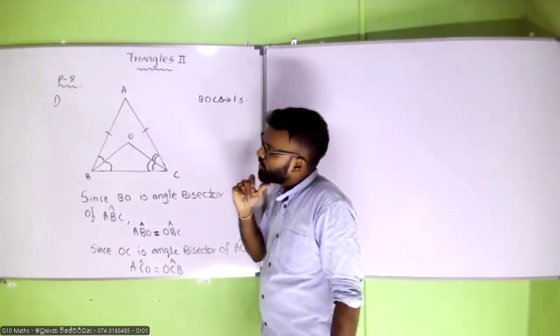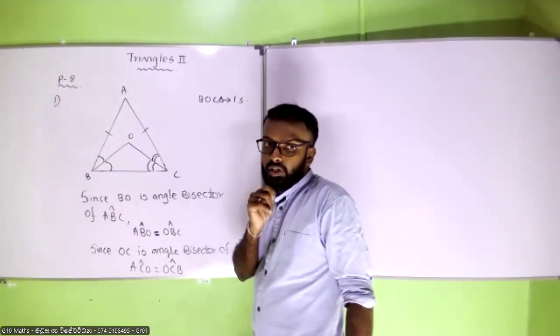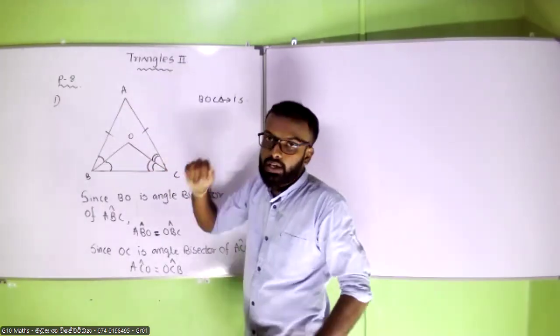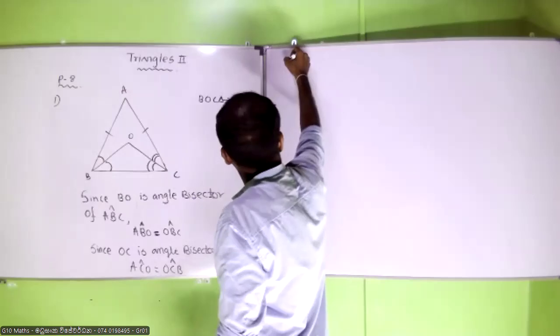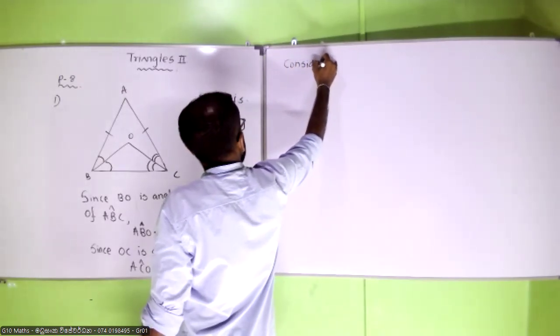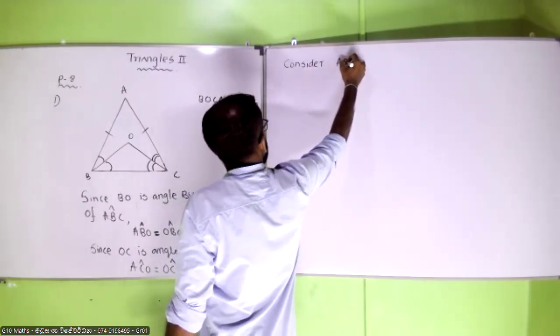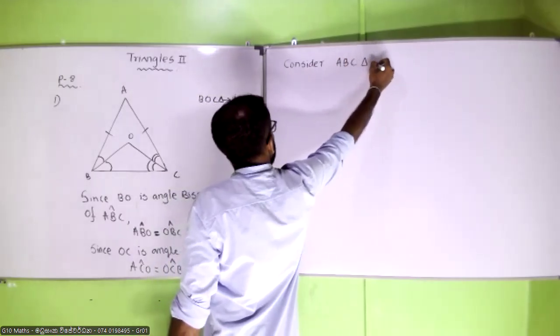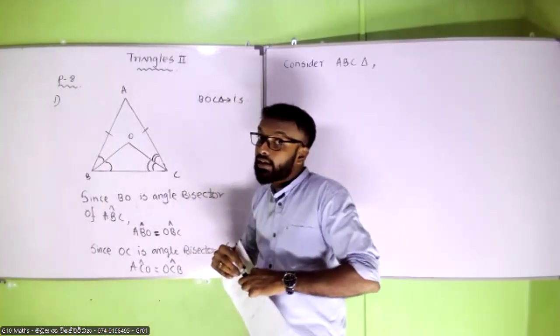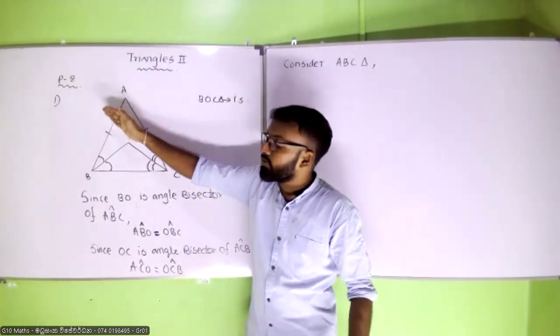And there is something else that we need to use as well. Consider the big triangle ABC. Because this is an isosceles triangle, we already know AC equals AB.